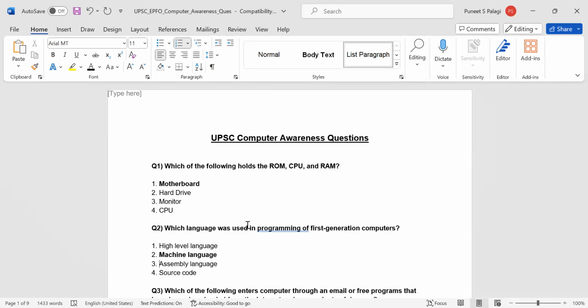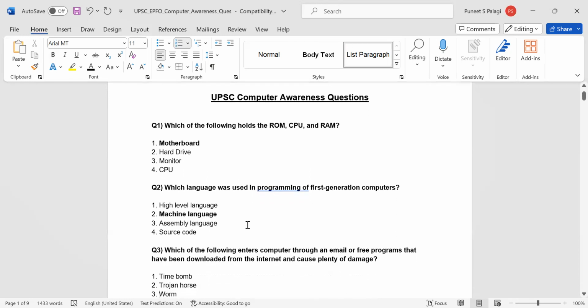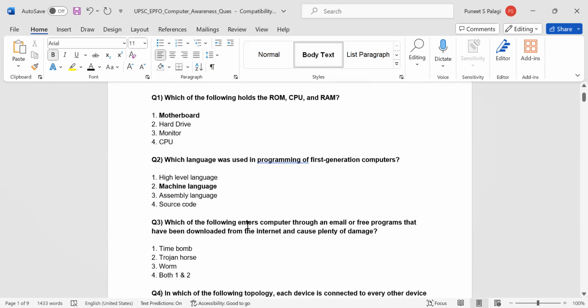It's also called binary language. It just has zeros and ones in it. Okay. So all these assembly language, high-level languages came later, but for the first generation of the computers, it was machine language that was used for the interaction with the computers. Machine language is easily understood by the computers, but it's very difficult for humans to understand it.